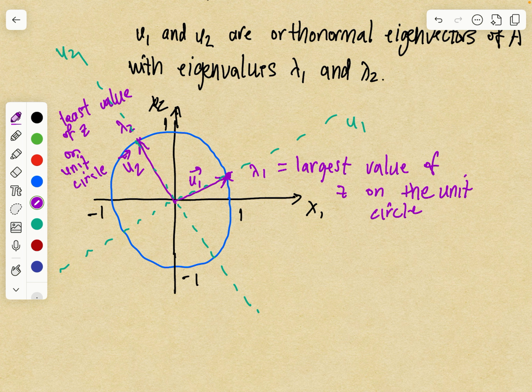So we're used to thinking of eigenvectors as vectors that get stretched by A, and lambda, the eigenvalue, is a scaling factor. But now we're thinking of eigenvalues and eigenvectors in a different way.